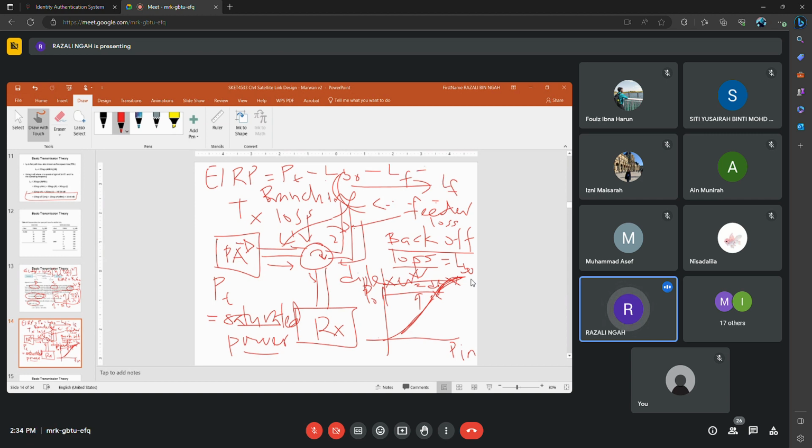Then we have GT. So in satellite communication, if you are given the back off loss and feeder loss, we have another one. What is the other one? Branching loss, LB.